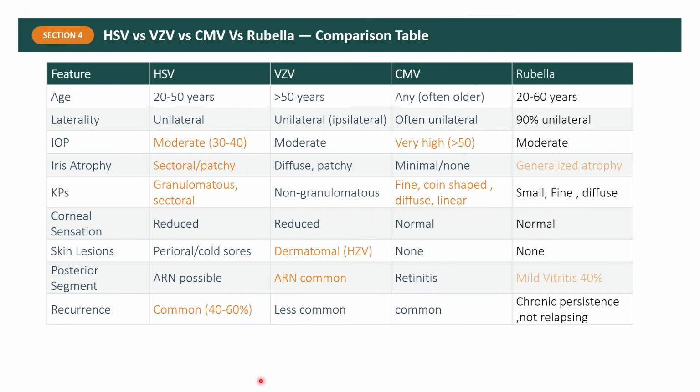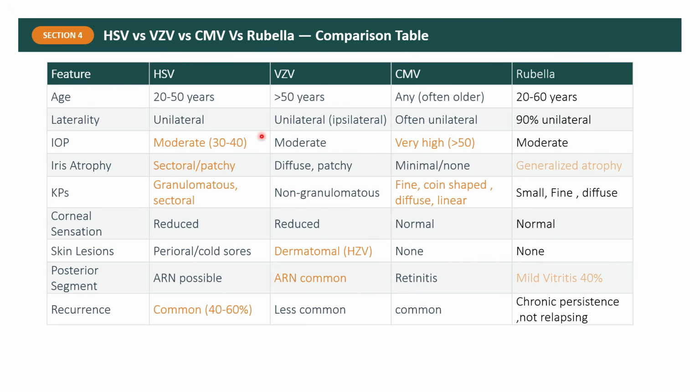Now, before we finish the discussion about the clinical pattern of the four common viruses incriminated in viral anterior uveitis, which are herpes simplex, zoster, cytomegalovirus, and rubella virus, here is a comparison table between the four viruses with certain clinical features. The age ranges from 20 years old up to 60 years old, with a bimodal distribution in young and old people.